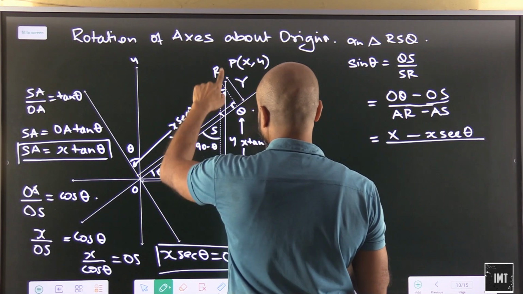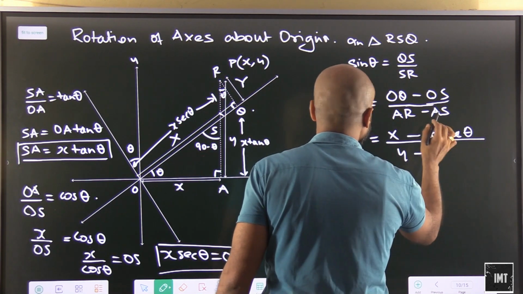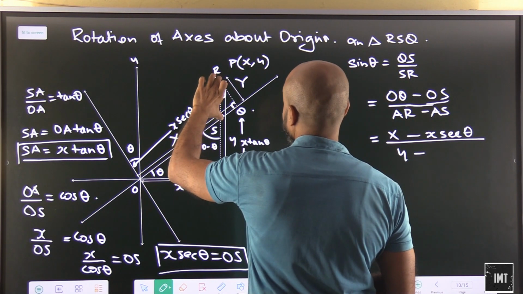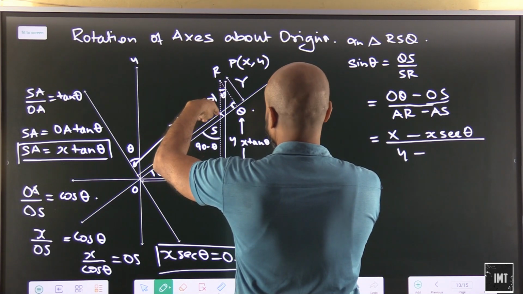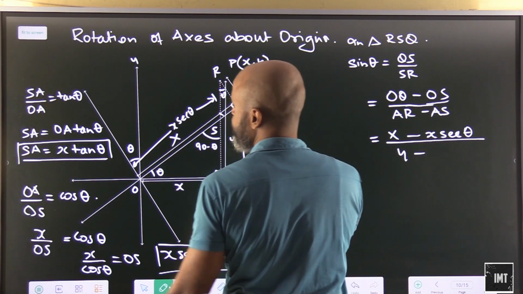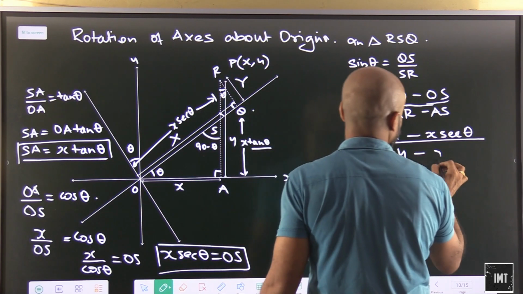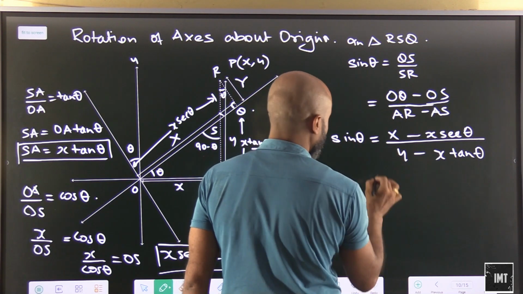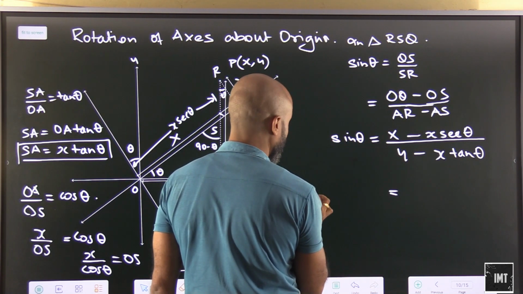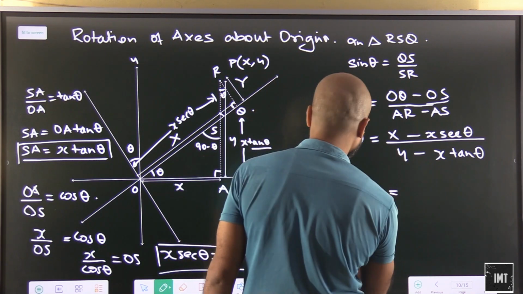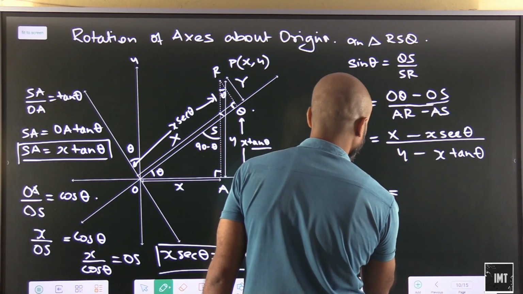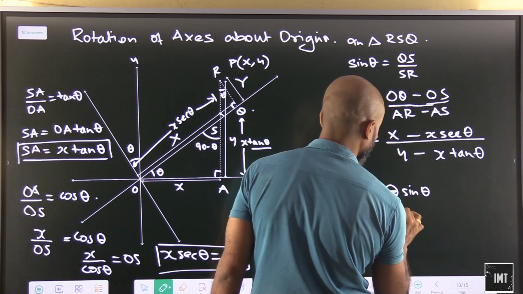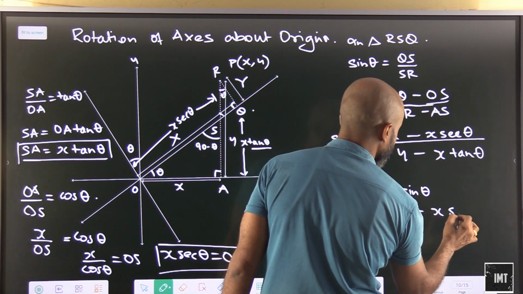AR has a value of small y, so that is small y minus AS. AS, as we have calculated, is x tan theta. Okay, this is sine theta. So if I do this, then this will be small y minus x tan theta into sine theta is equal to capital X minus x sec theta.